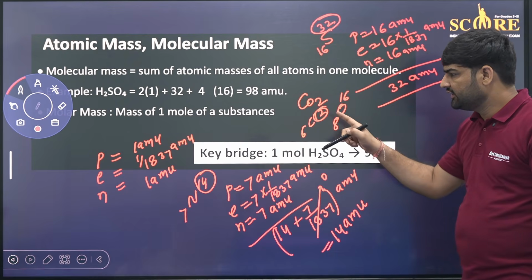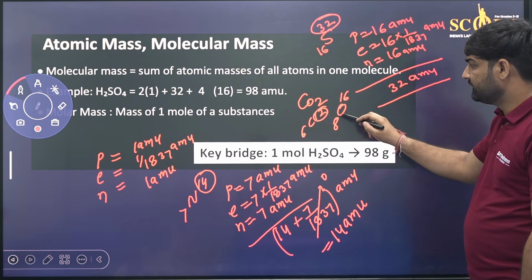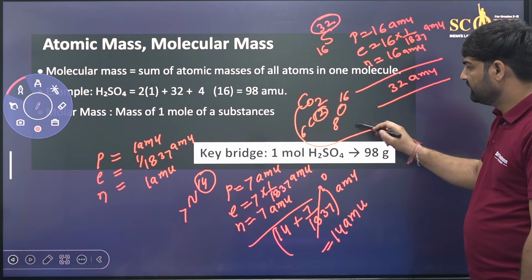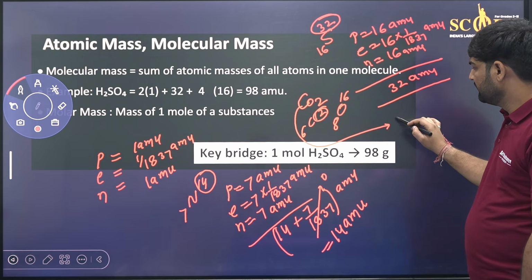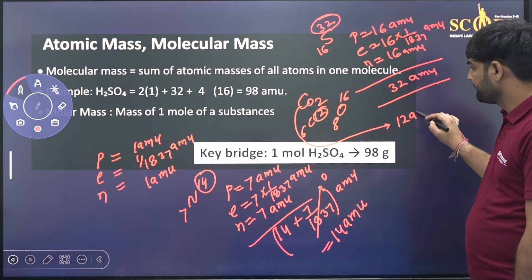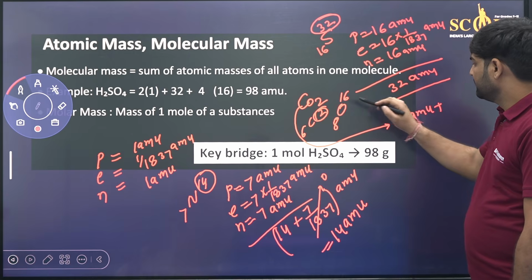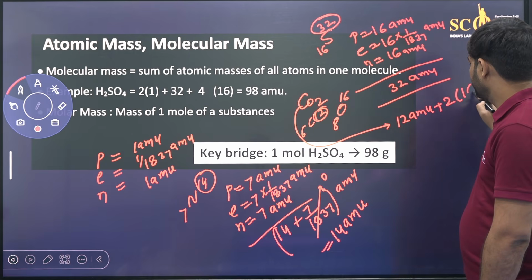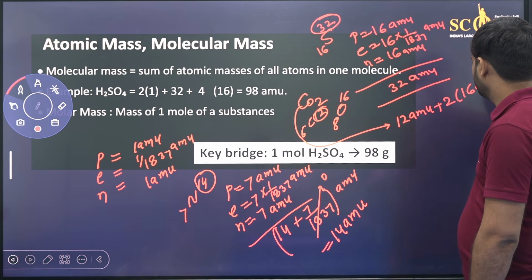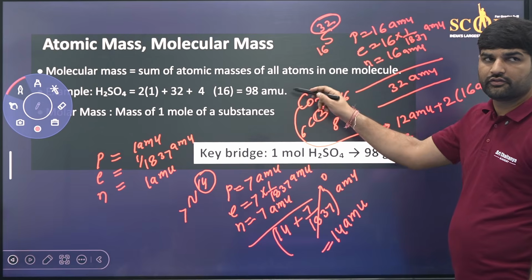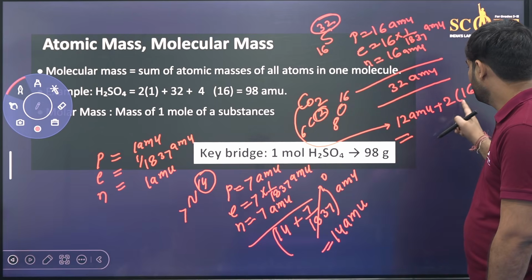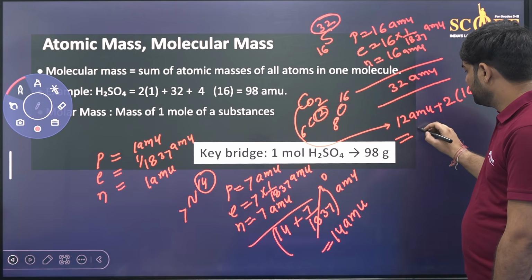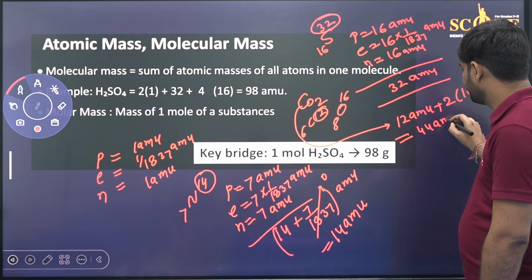Now you can say the mass of one molecule of CO2 will be: one carbon atom has a mass of 12 amu plus two oxygen atoms have a mass of 32 amu. Then you can say the total mass of one CO2 molecule will be 32 plus 12. It means 44 amu.